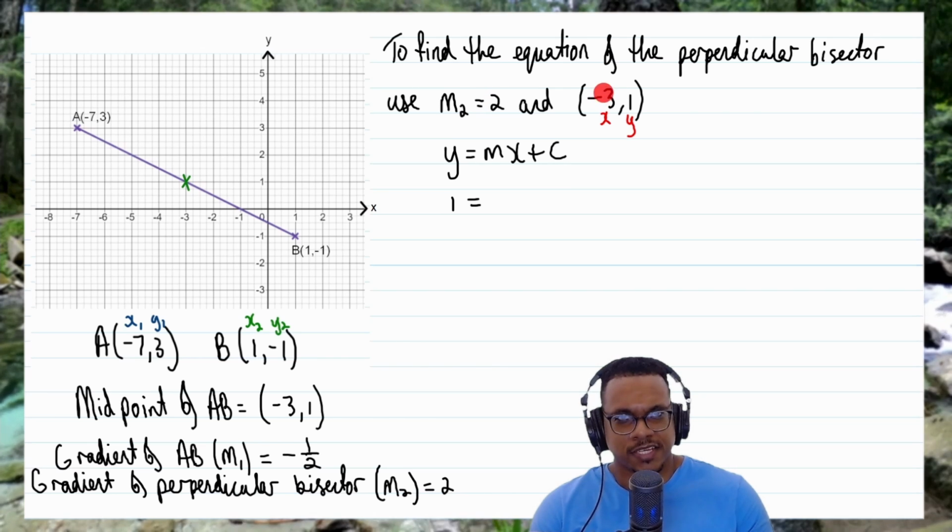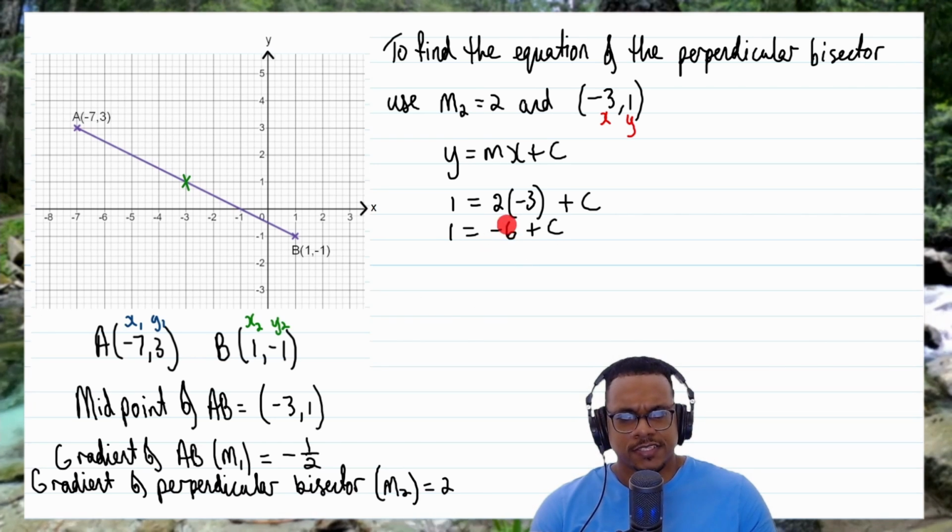So that's 2 times negative 3 plus c. So I'll have 1 is equal to 2 times negative 3 is negative 6 plus c. Now I'll transfer this negative 6 across the equal sign, and the sign in front of it will change to positive. So I'll have 1 plus 6 is equal to c. So c is equal to 7.